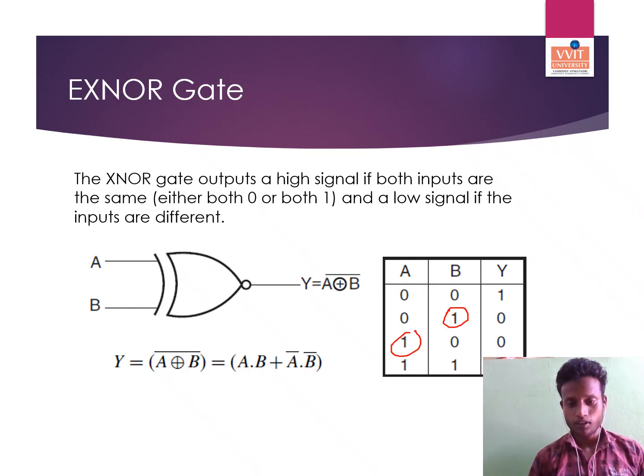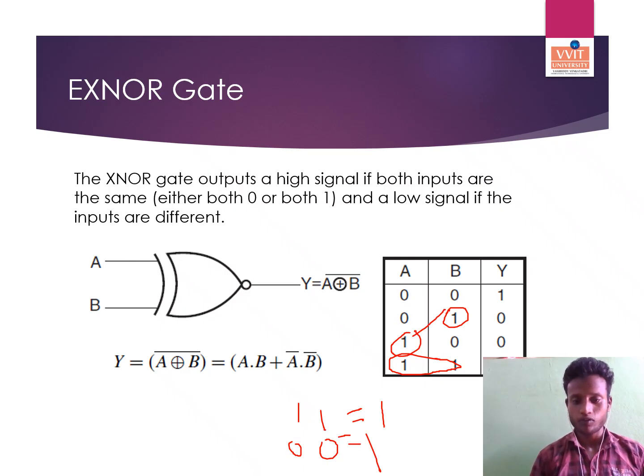We have an even number of inputs, the output is 1. In the converter, 1 1 equal to 1, 0 0 equal to 1.